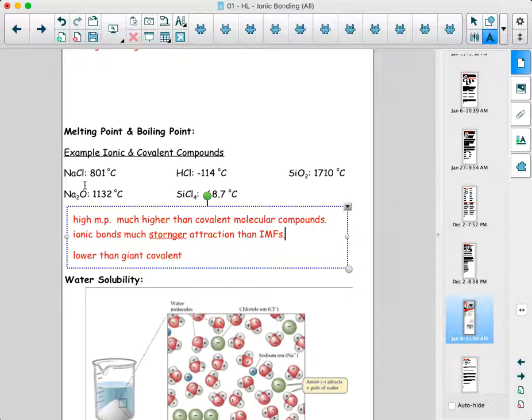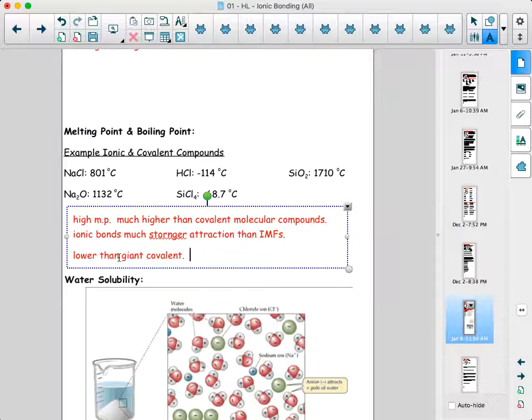However, if you look at comparing different ionic compounds, then the trend is going to be based on similar concepts to the trends for lattice enthalpy, which is that ions that have higher charges tend to lead to ionic compounds with much higher melting points because the higher charges lead to stronger electrostatic attractions. And also, smaller ions are able to pack more closely together and therefore have stronger attractions with their neighboring ions.